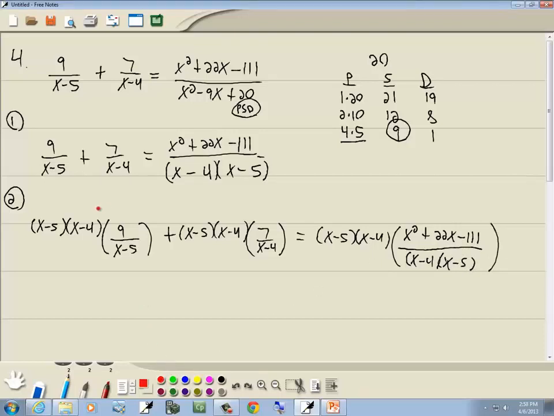Well, let's see what cancels. The x minus 5 there cancels that x minus 5. This x minus 4 cancels that x minus 4. This x minus 5, this x minus 5, this x minus 4, this x minus 4.